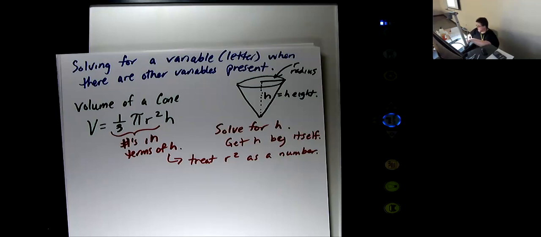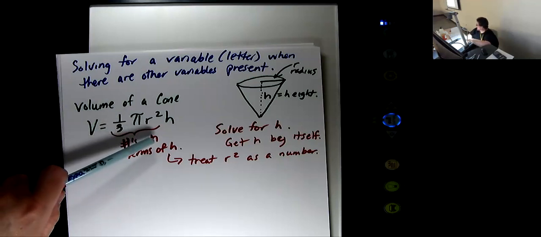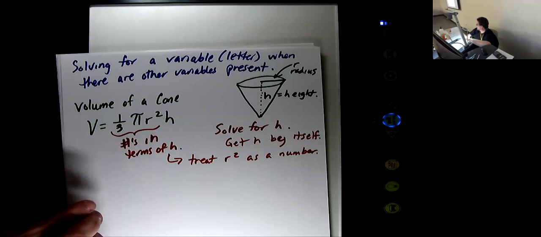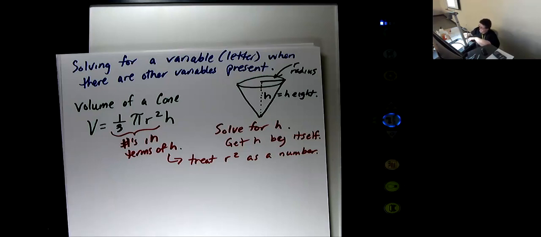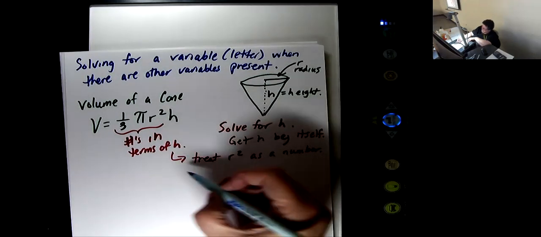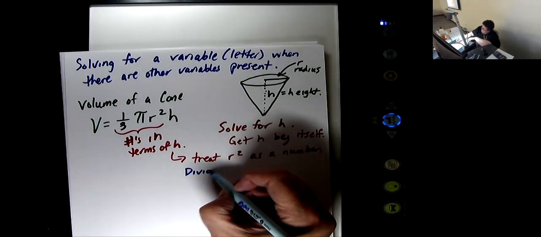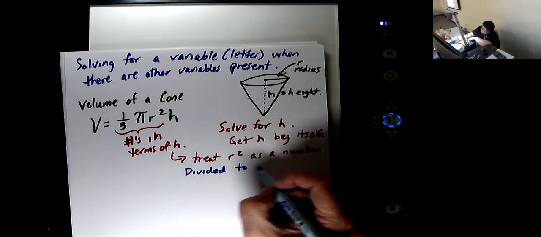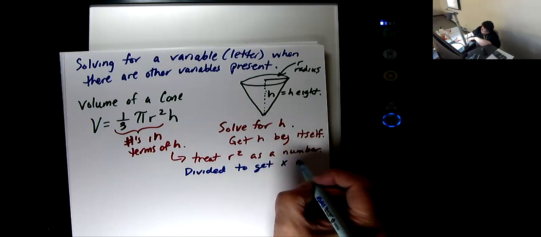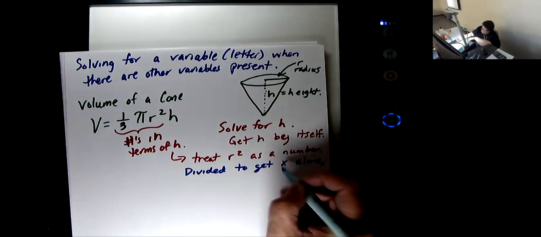So what happens when we had a bunch of things multiplied by x and we wanted to get x alone? We divided, right? So we divided to get x alone. We'll do the same here for h.